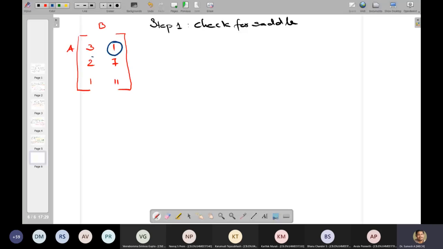The column maxima are 3 here and 11 here. So no saddle. Now what is the next one? Step 2: check for dominance. It's not 2 by 2, so arithmetic is not possible. Check for dominance.